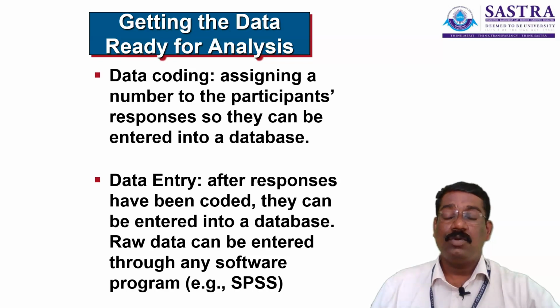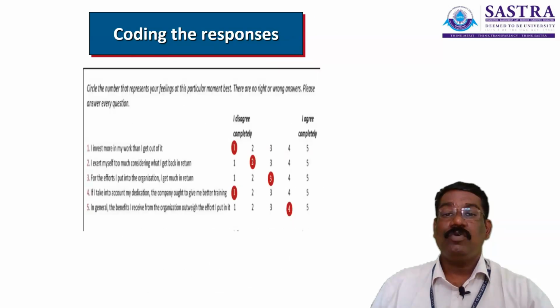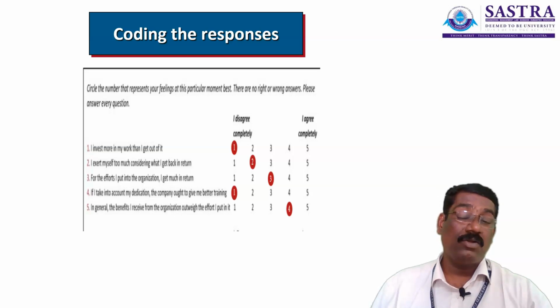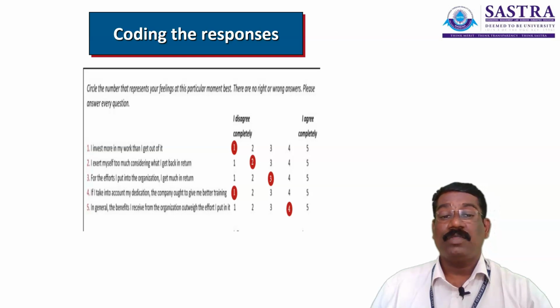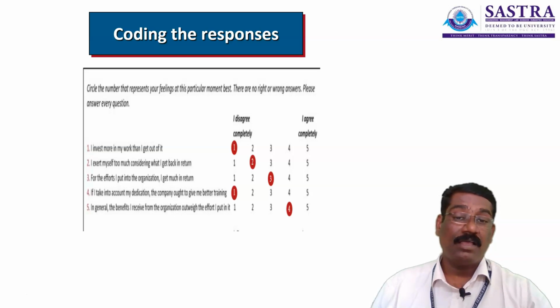So now let's look at coding the responses using SPSS. If you look at the questionnaire here, we have used a Likert scale. I think they used a 5-point scale here, where 1 is completely disagree, 2 disagree, 3 neither agree nor disagree, 4 agree, and 5 agree completely or strongly agree.